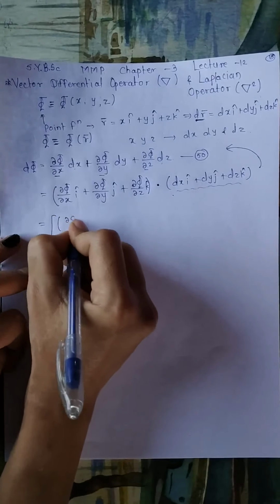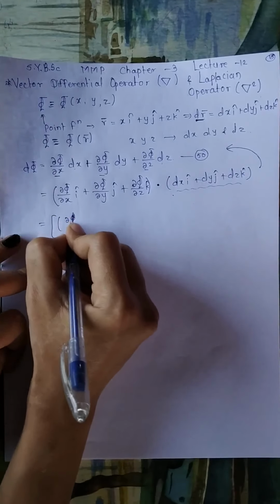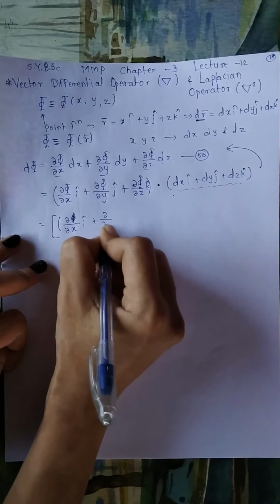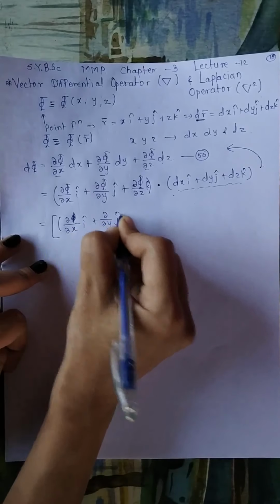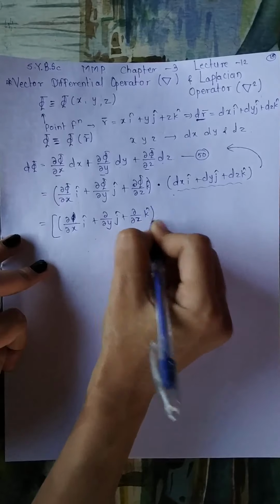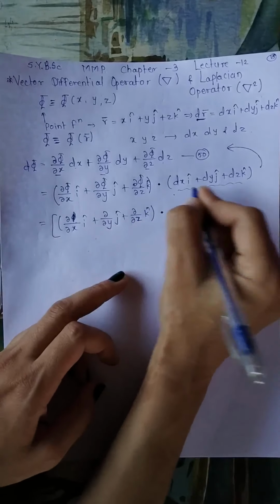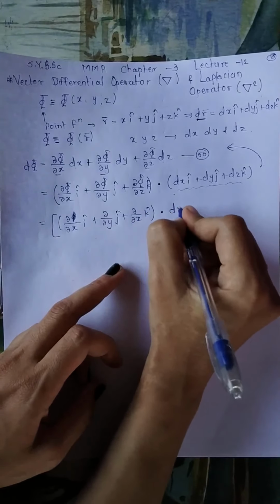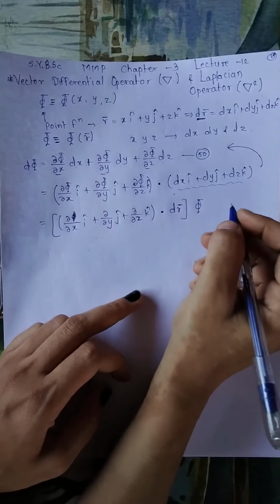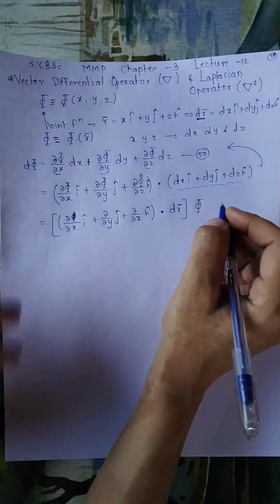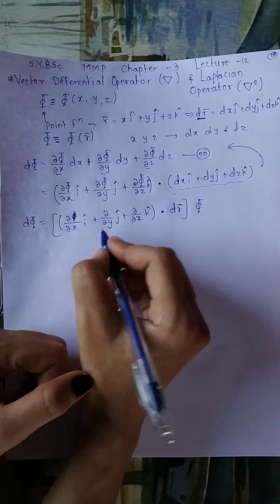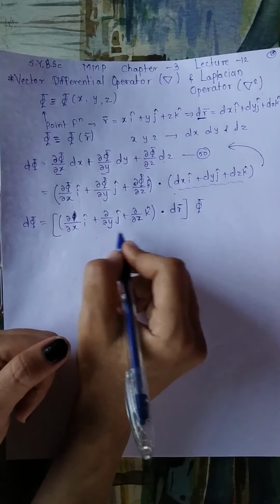So I can write dou by dou x i cap plus dou by dou y j cap plus dou by dou z k cap, dotted with d r bar, with phi taken outside.